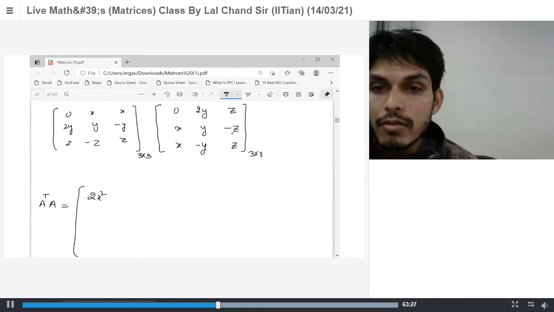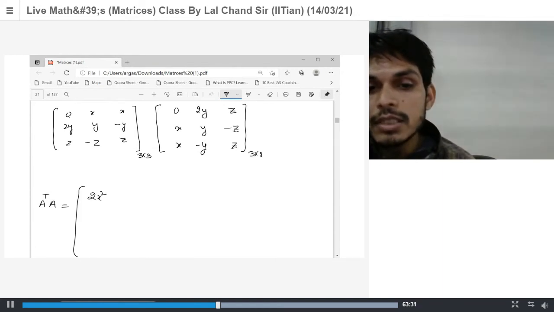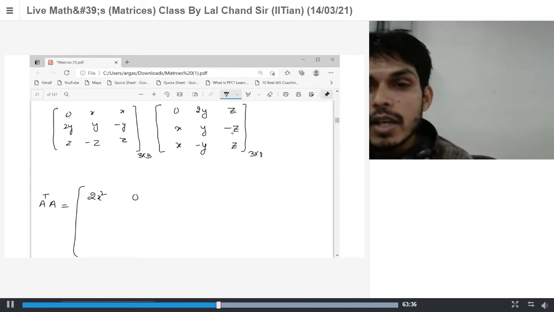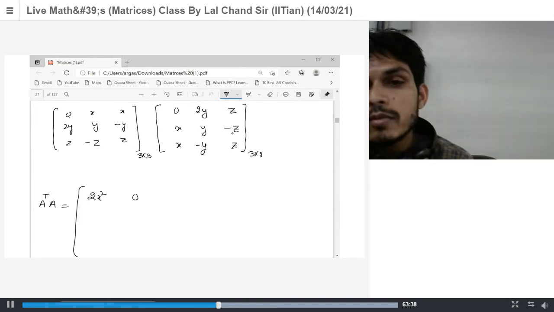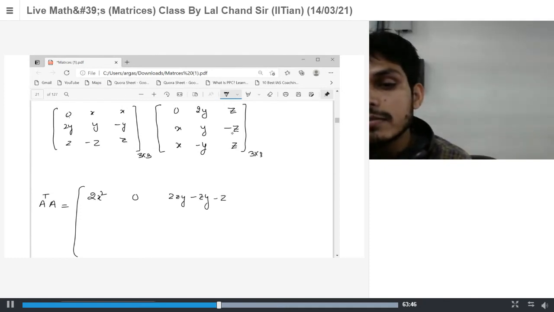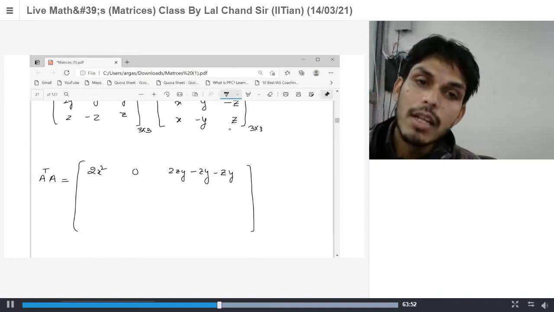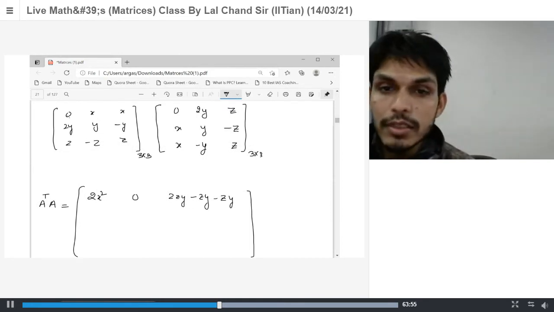So row into column. So I have 0 into this, x plus y, x minus y. So this is 0. This into this, so we have 2zy, minus zy, minus z. Okay. So now if I write down the value of this element, so this is row 2 column 1, 0, xy, minus xy.